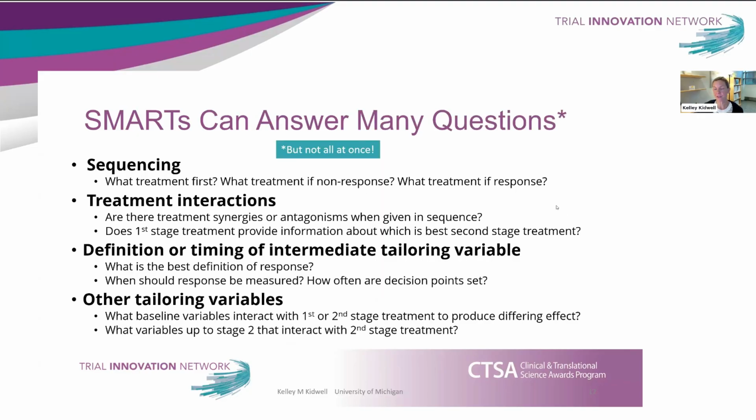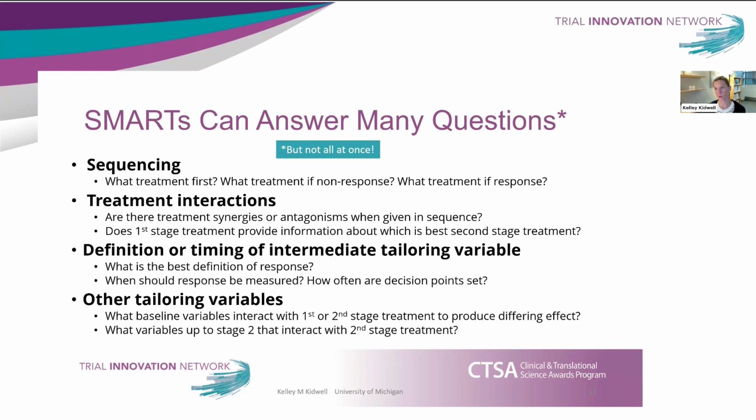And the reason why they're used in so many different fields is because they can answer so many interesting questions. Of course, they can't answer them all at once, but they can answer questions such as what should you get first versus what should you get second, and does having the treatments in that order affect the outcome? It can also answer questions about when should we change treatments? Should it be earlier or should it be later?